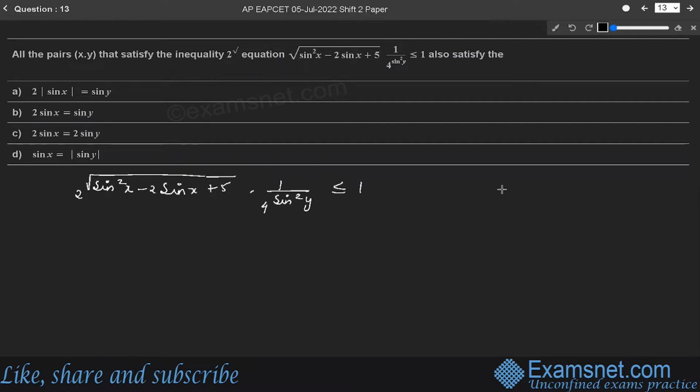This expression can be written as 2 power under root of (sin²x − 2 sin x + 5), which can be written as (sin x − 1)² + 4, into 1 upon 4, which can be written as 1 upon 2², power sin²y, is less than or equal to 1.